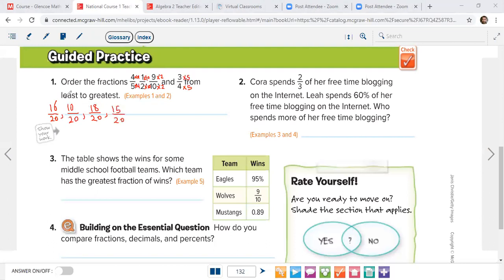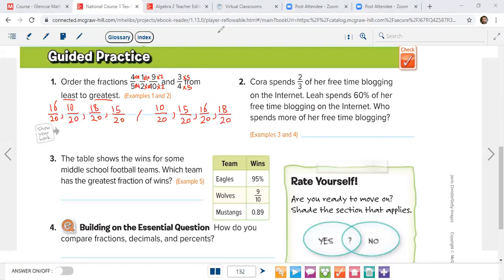Now I can order from least to greatest. As you can see, the least one is the 10 over 20. Then I can write 15 over 20. Then we can write the 16 over 20. Finally, the greatest one is 18 over 20.